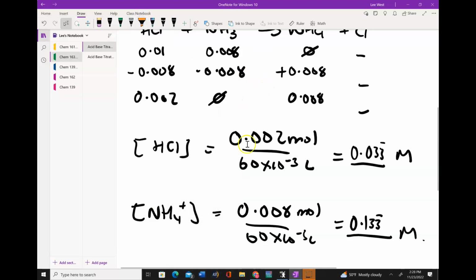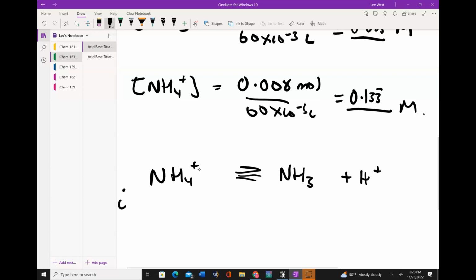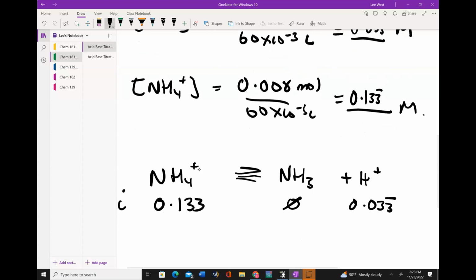Now, because we're trying to figure out the pH of our weak acid solution, we're going to do a Ka ICE table, which is always a little easier to set up without making a mistake. Our initial amounts are 0.133 moles per litre of the ammonium, 0 of the ammonia, and 0.033 moles per litre of H+.